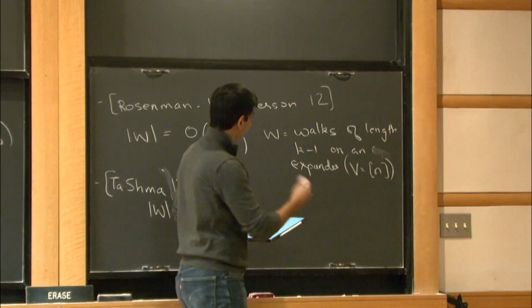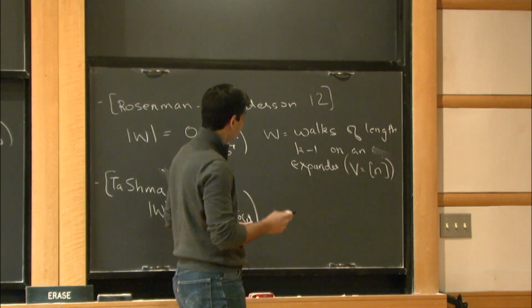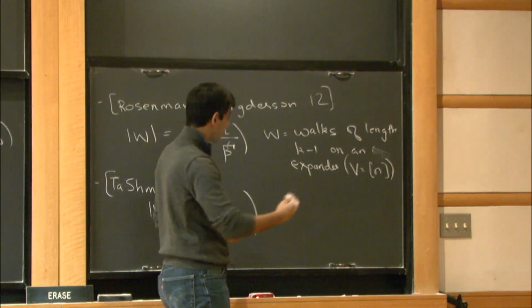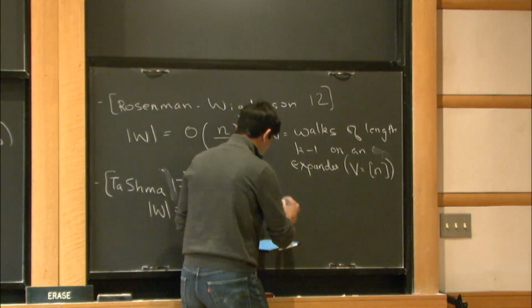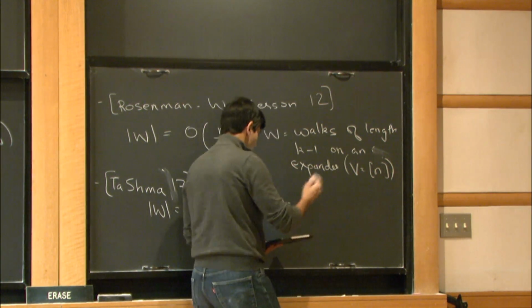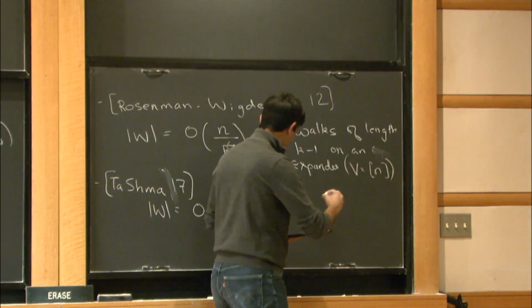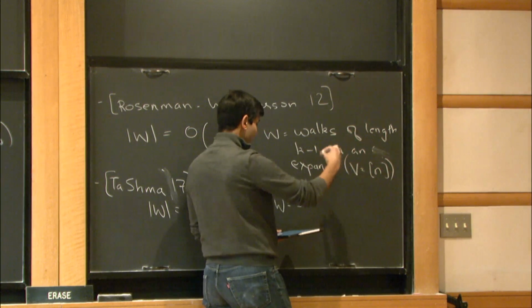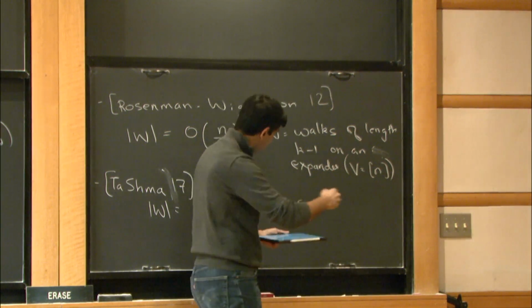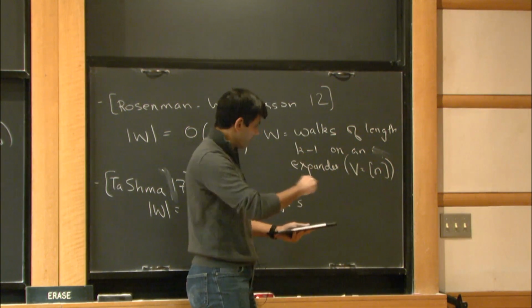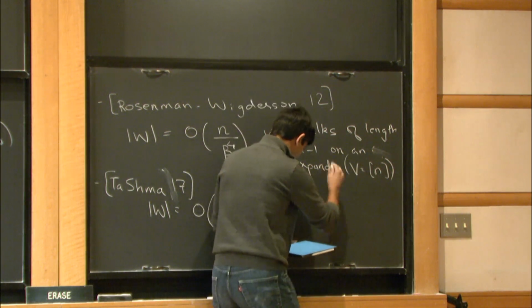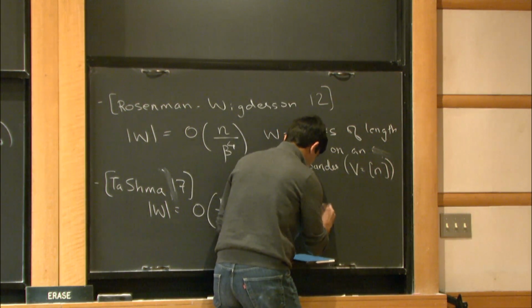Here you don't necessarily look at all walks of length k minus 1 on an expanding graph, but you look at walks coming from something very special. First of all, the graph is not an arbitrary expander. It's an s-wide replacement product of two expanders, and you look at the walks coming from this corresponding collection.